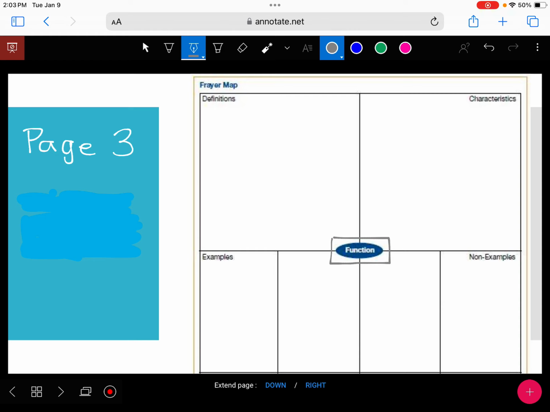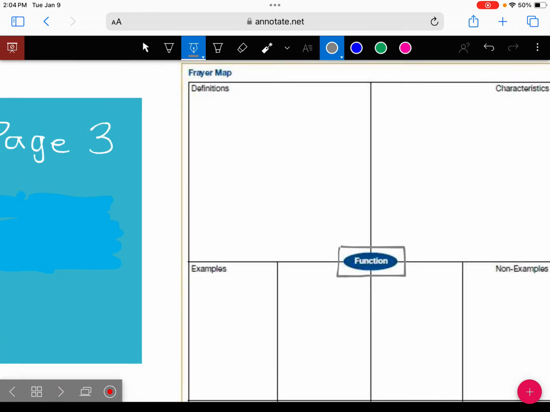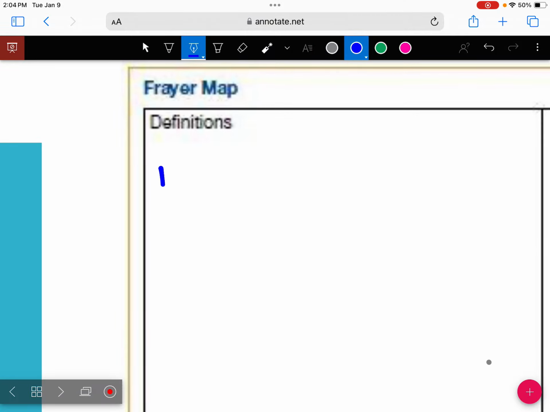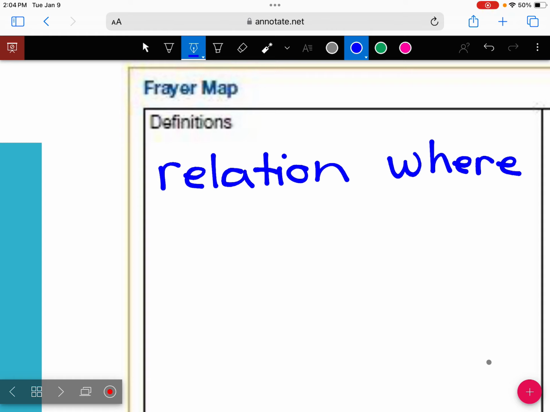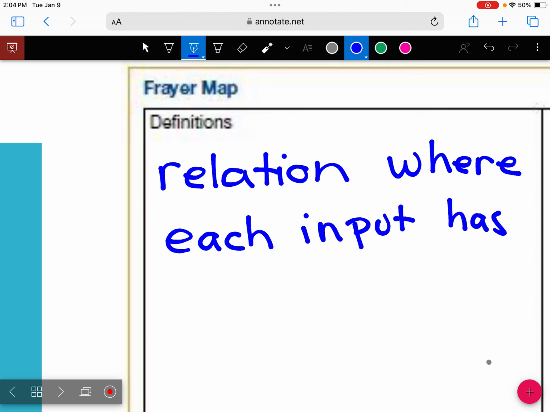We've talked about functions before. Does anyone remember what a function is? It's like an Algebra 1, early Algebra 2 word. It's not an equation, but it is kind of related. The technical word is it's a relation where each input has one output.